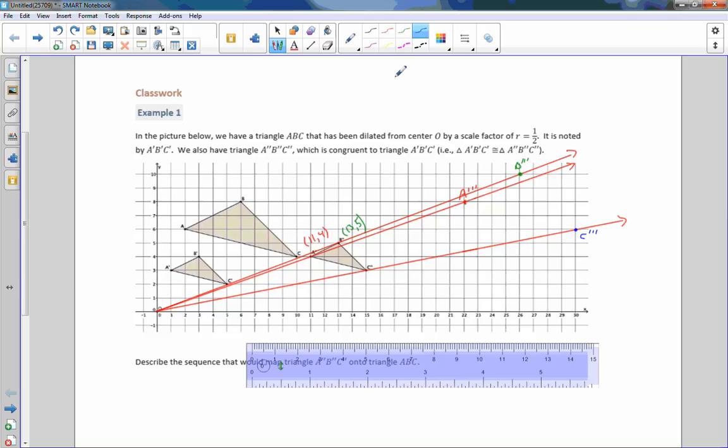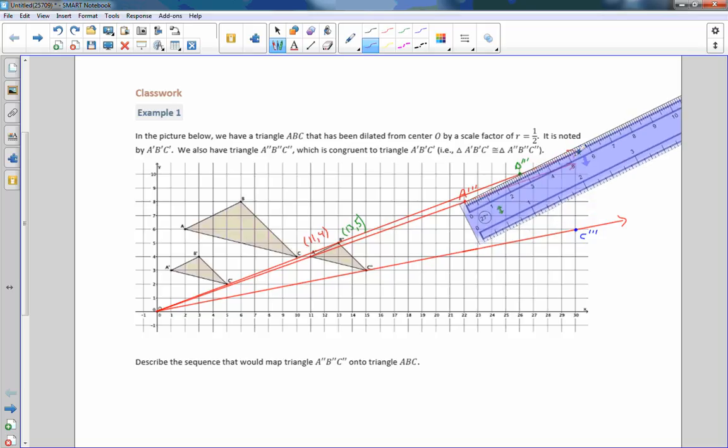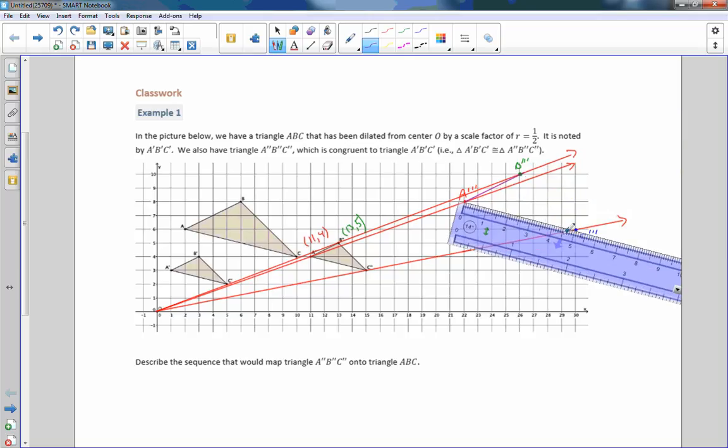Now I'm going to draw that triangle. So let me put my ruler as accurately as possible on that A triple prime and draw a segment from A triple prime to B triple prime, and do the same down here to C triple prime.